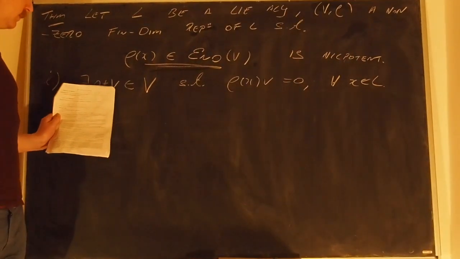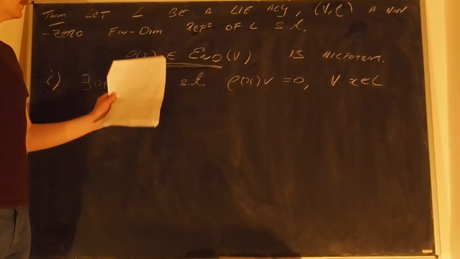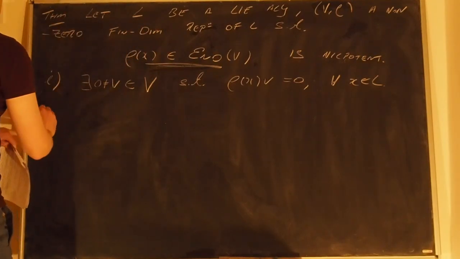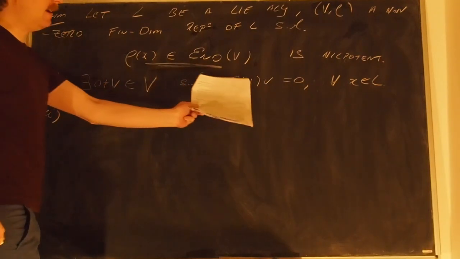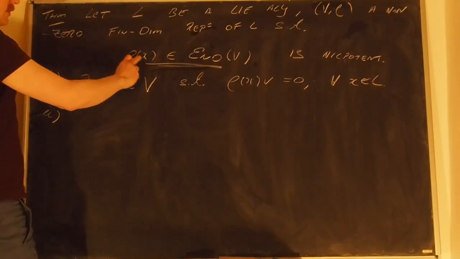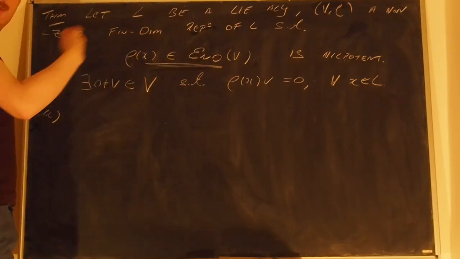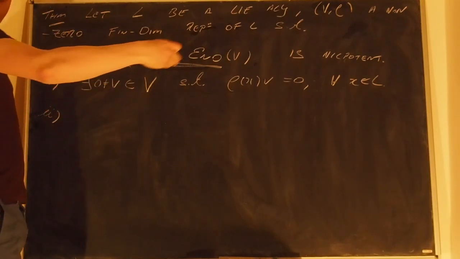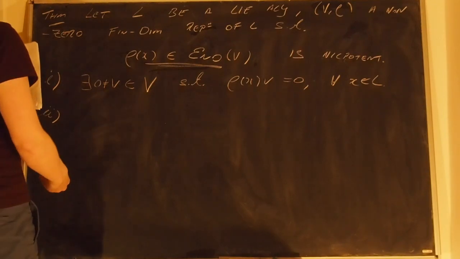This is actually going to be the one-dimensional vector space spanned by this element, which is invariant under L, which is to say it's a sub-representation. But be careful, it's the same v for every x in the Lie algebra. Because clearly rho of x is a nilpotent operator, so it'll have a kernel. If it didn't have a kernel, it would be an isomorphism and it could never arrive at zero, so it wouldn't be nilpotent. So basically linear algebra.